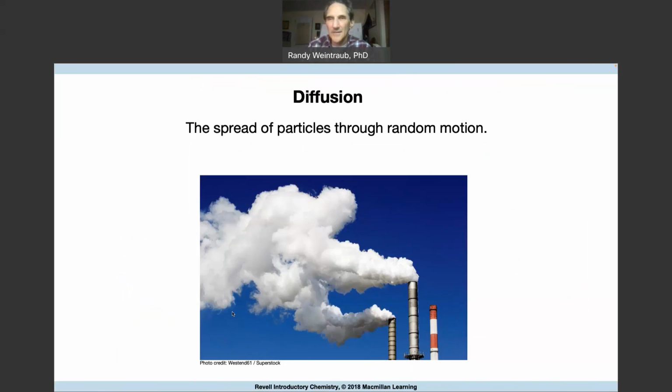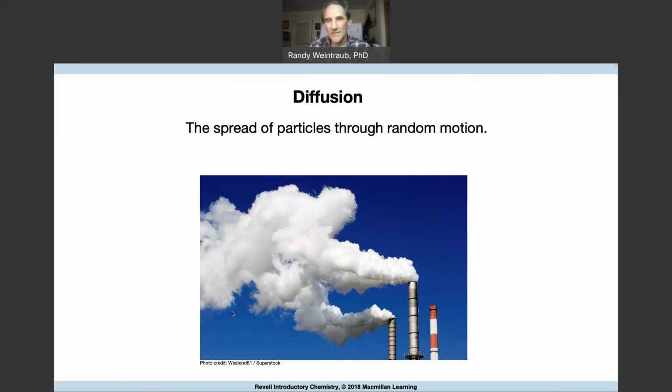Another concept is the spread of particles through random motion, and we call this diffusion. Diffusion refers to either a liquid or a gas state, but the principle is the same. Particles randomly move, and as they do, they slowly spread out.